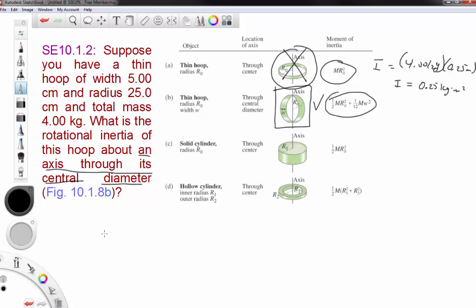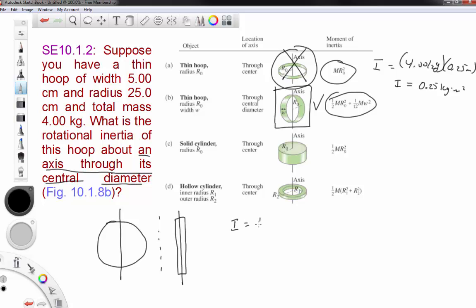What this diagram is showing, by the way, is if we were to look at the hoop end on, then the axis of rotation looks like this. And if we were to look at it from the side, then the hoop basically is going to look something like this, and the axis of rotation is cutting through the center. And so this one and this one are both rotating in and out of the page. So it basically would be rotating from this condition to this condition, back to this condition, and so on.